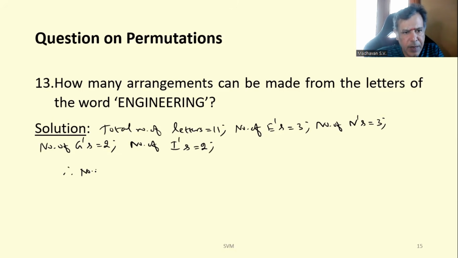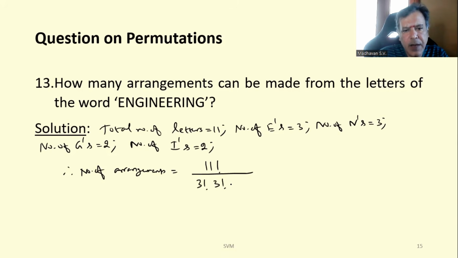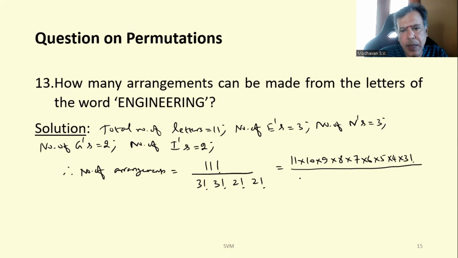Therefore, number of arrangements equal to 11 factorial divided by 3 factorial into 3 factorial into 2 factorial into 2 factorial. So that will be 11 into 10 into 9 into 8 into 7 into 6, 5 into 4 into 3 factorial divided by 3 factorial. 3 factorial, I can write it as 6.